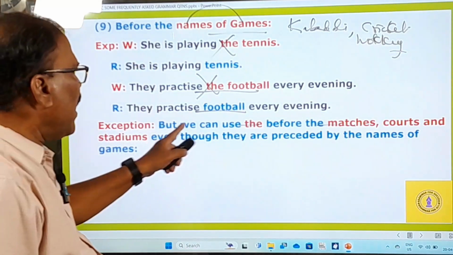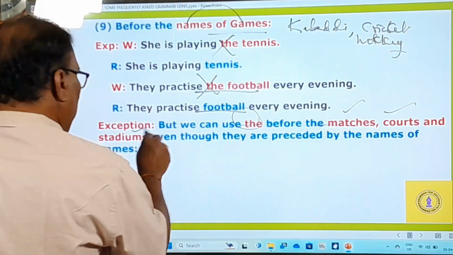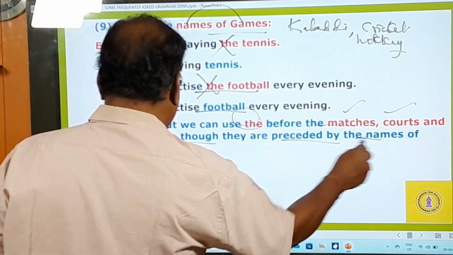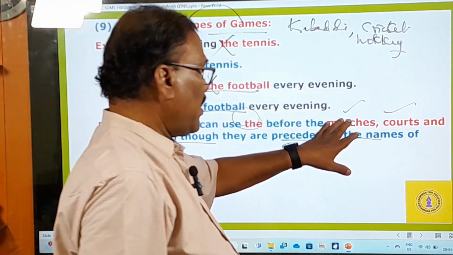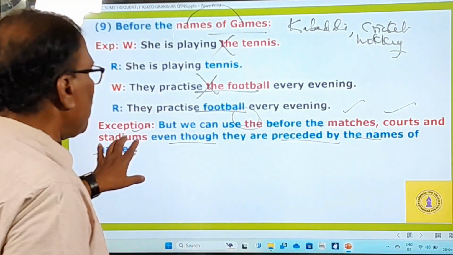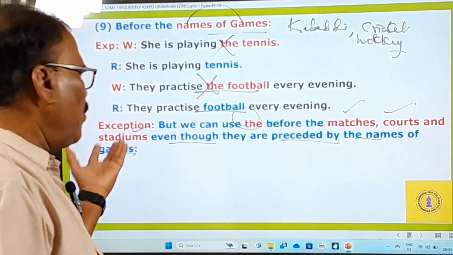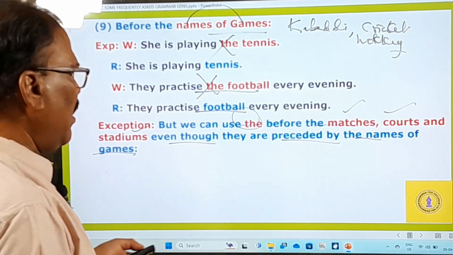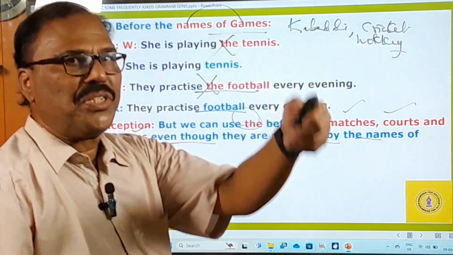What is that? We can use the before matches, courts, and stadiums, even though they are preceded by the names of games. Even though these words, matches, courts, and stadiums, are preceded by the names of games, we can use the definite article. You can say the cricket stadium, the football stadium.